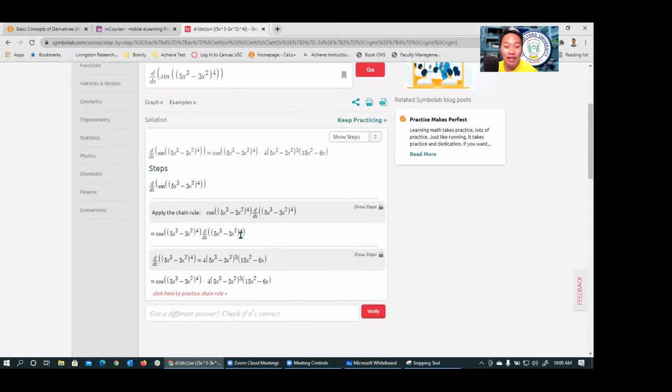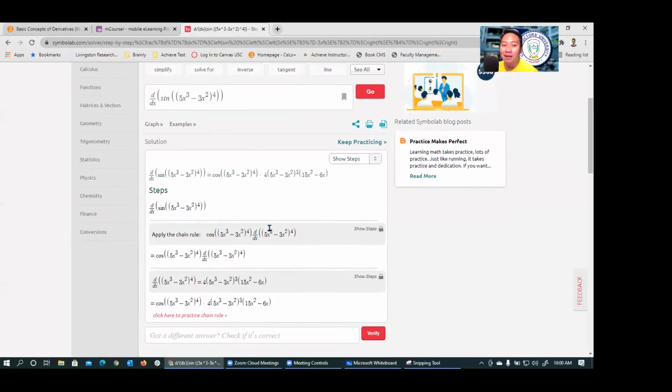The bad thing also about Symbolab and Photomath is that there are premium accounts. There might be problems where they would tell you the answer right away, but the solutions will not give you information.